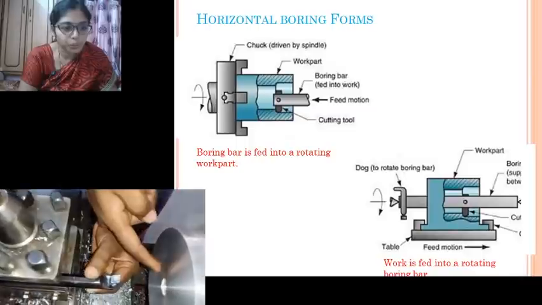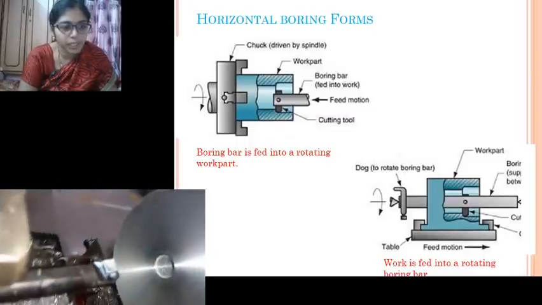This is a boring tool. You can see this is a single point cutting tool.